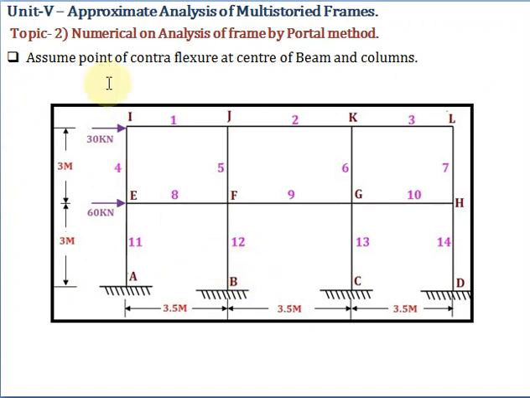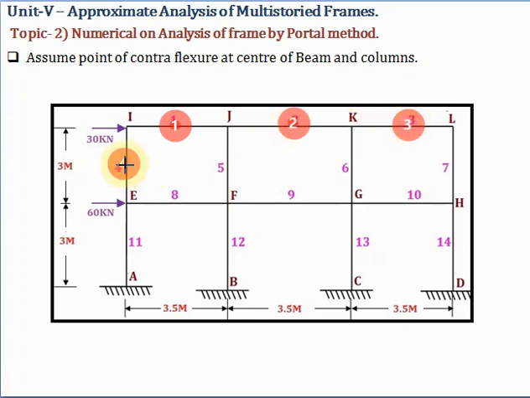Now, as our first assumption, the point of contraflexure is to be located at the center of beam and column. For horizontal members, for beams, IJ we have given the notation 1, JK 2, KL 3.